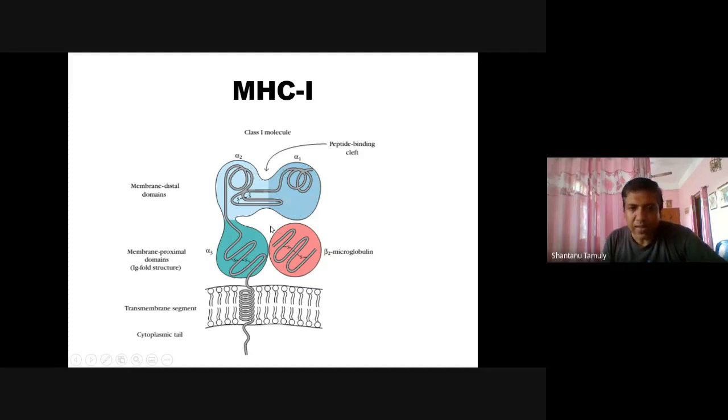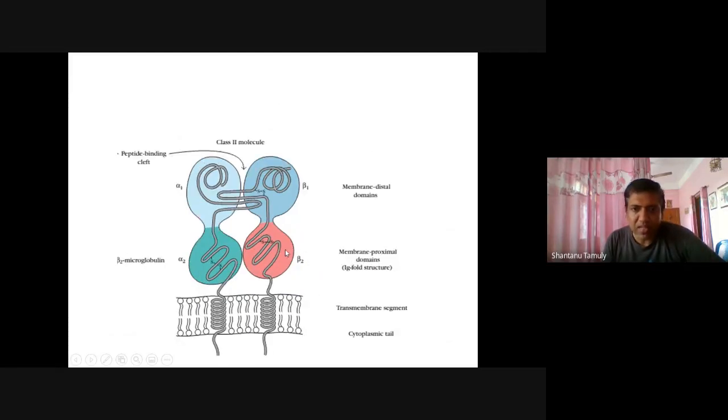The next thing you observe here is that this structure is bound only by the alpha domain. The beta domain is simply attached to this alpha domain. It does not have any direct link with the membrane. But in this case, the beta domain also has one transmembrane domain.